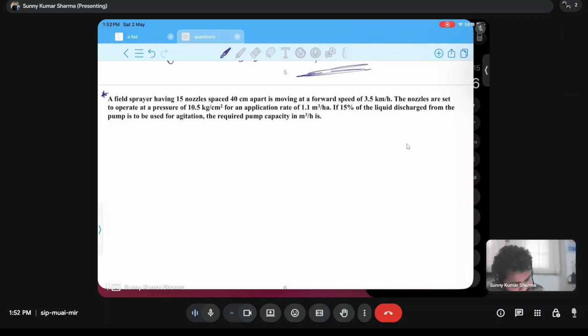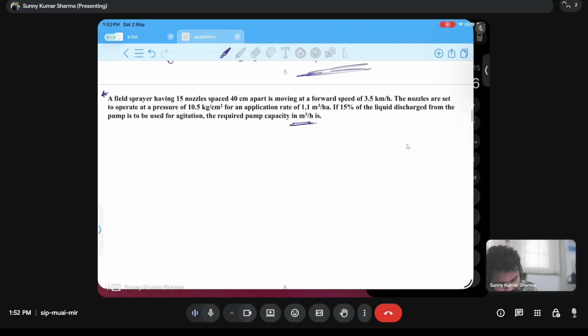If 15% of the liquid discharged from the pump is to be used for agitation, the required pump capacity in meter cube per hour is? So first we need to find the normal capacity of this pump.